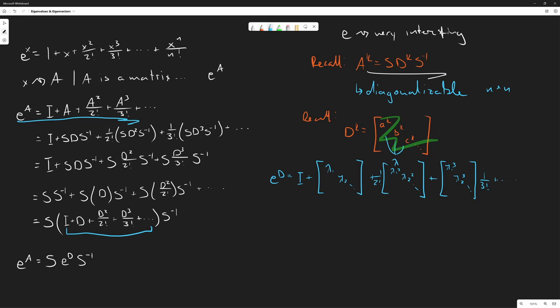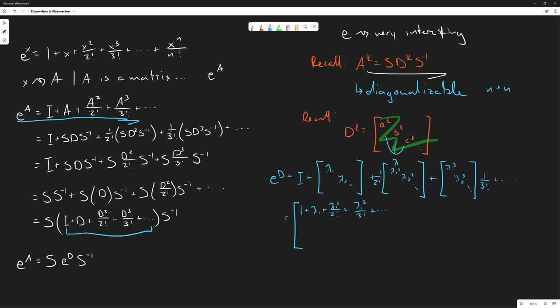And now what we can do is put this all together in one matrix. The identity matrix is just 1, 0, 1 across the diagonal. So when you add them all together, you have 1 plus lambda 1 plus lambda 1 squared over 2 factorial plus lambda 1 cubed over 3 factorial, and so on.